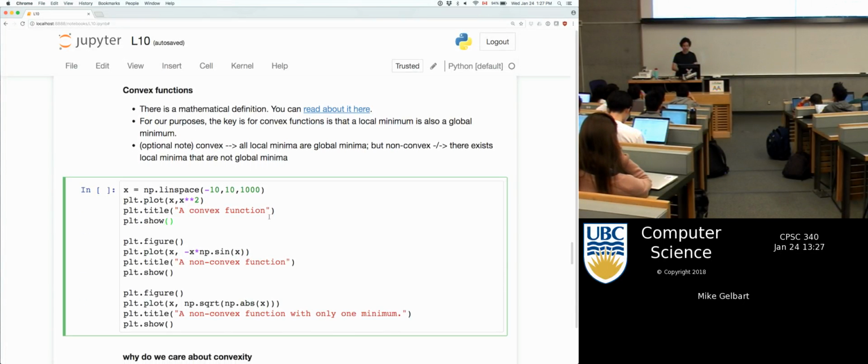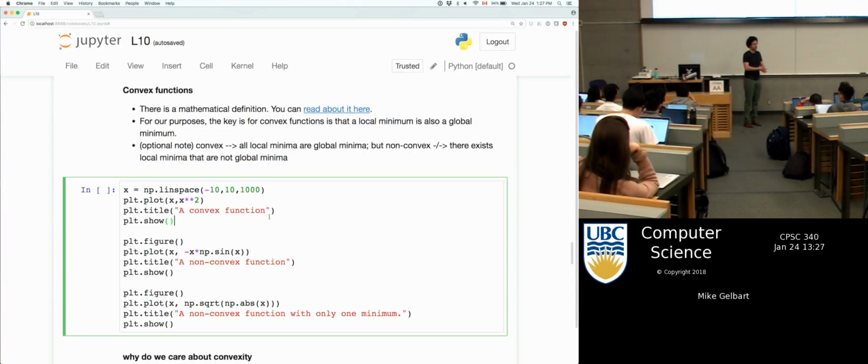Okay. The next thing I want to talk about is this idea of convex functions. We very briefly said the word convex when we talked about k-means. We said that k-means produces convex clusters. So there we were talking about convex sets. Here we're talking about convex functions.